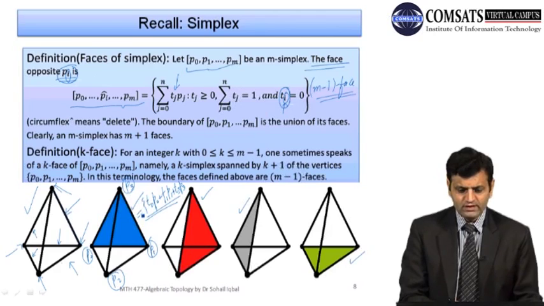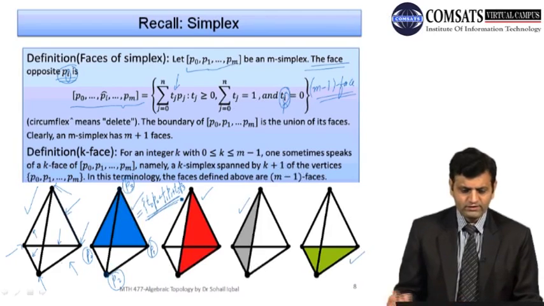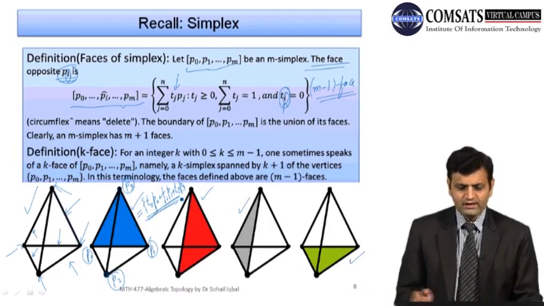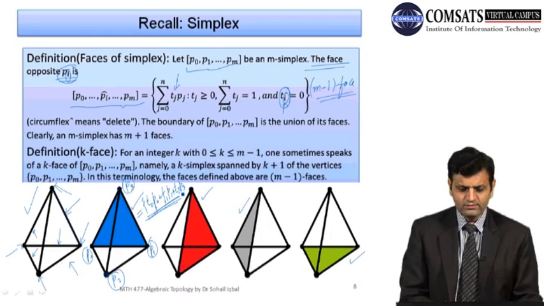For example, when discussing the face opposite to the point P2, we take the coefficient of P2 to be 0, and the elements become T0 P0 plus T1 P1 plus T3 P3, and the sum of these coefficients is 1, and all of them are non-negative. Everything else remains the same, but we only take the coefficient of, in this case, P2 to be equal to 0.